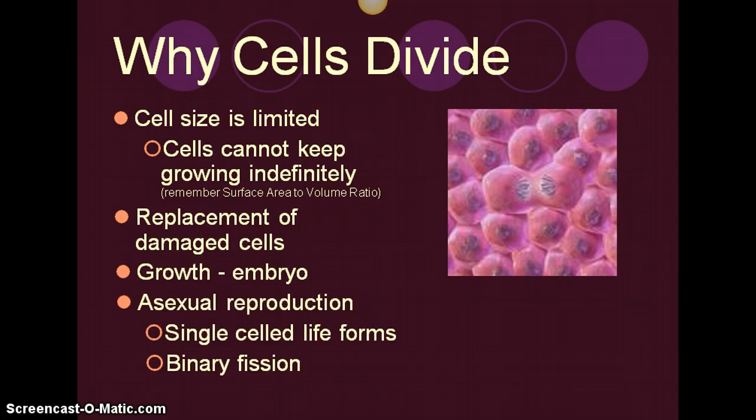Our main things are going to be growth and replacement of cells. Asexual reproduction is in single-celled life forms, and this we generally call binary fission. In sexual reproduction, we're going to look at meiosis, which is a process of cell division, and we'll get to that in tomorrow's notes.